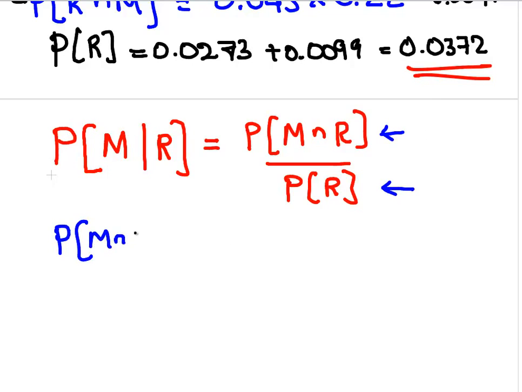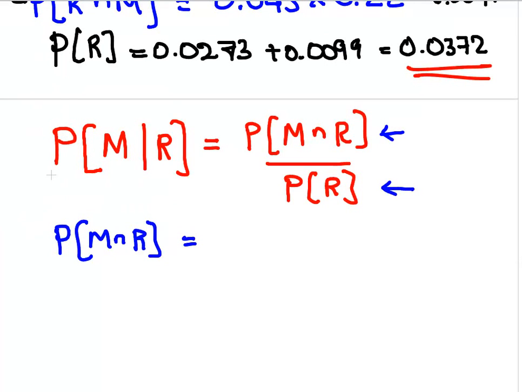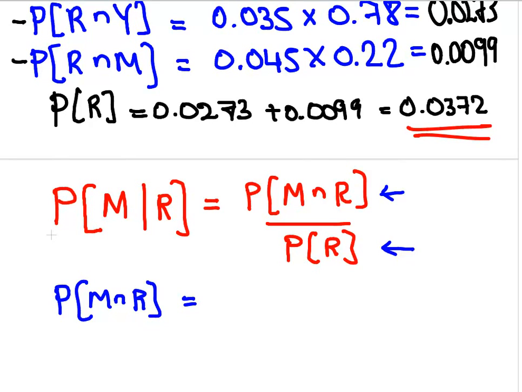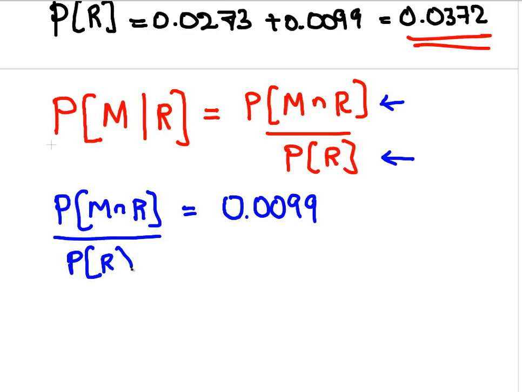Probability of M and R is equal to 0.0099, and probability of R, you can see at the top of the slide, 0.0372, and we're going to divide one by the other.